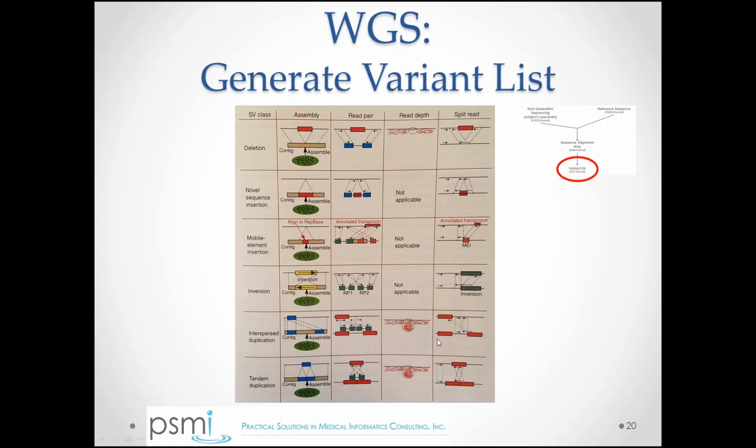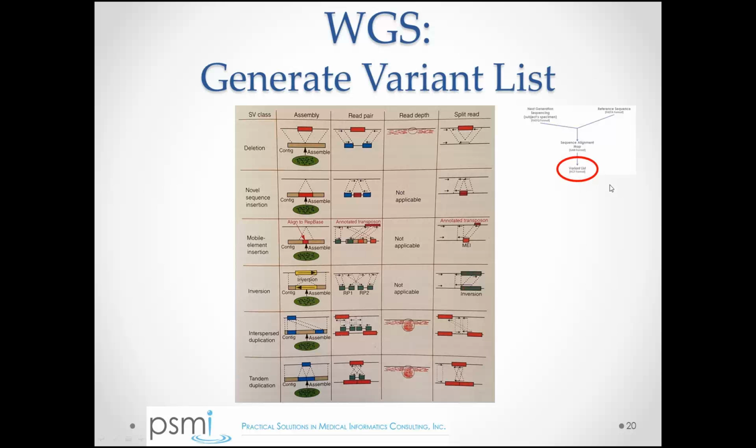So again, not to go into this slide in too much detail, other than to give you a warm fuzzy or a qualitative understanding that it's not a straightforward process to look at a sequence alignment map and simply say, here's all the variants. There's complex software that's involved in the process.